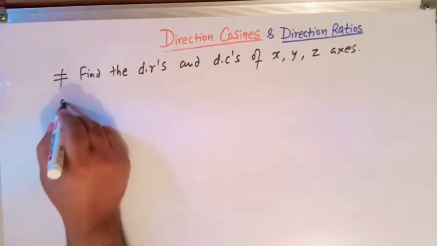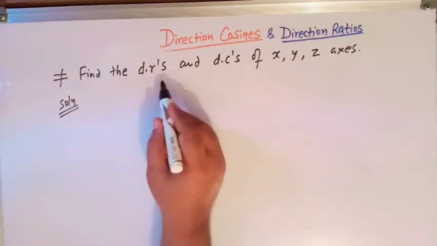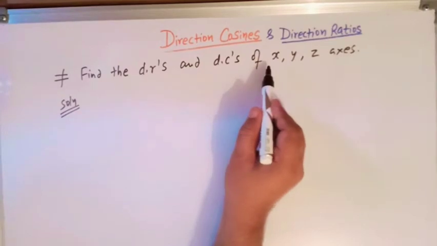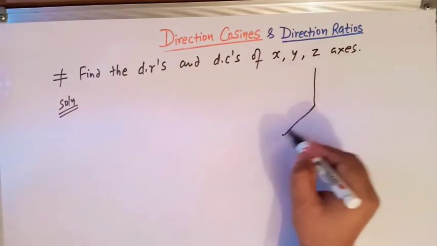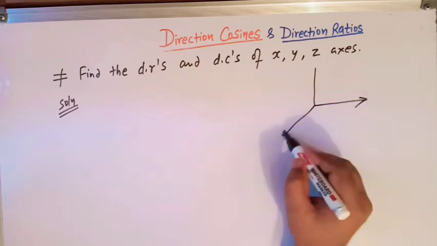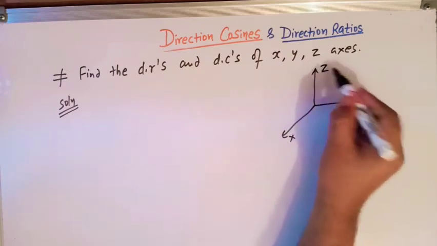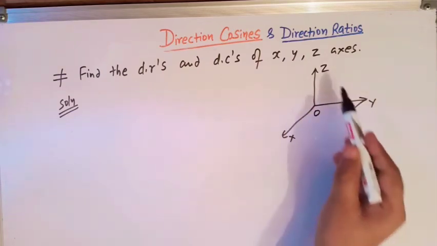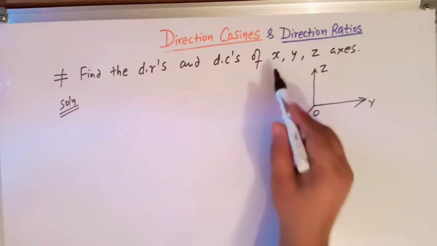Now viewers, let us take this important problem. Here we have to find the DRs and DCs of the x, y, and z axis, right? So our axes are shown here, and we have to find the DRs and DCs of these axes.